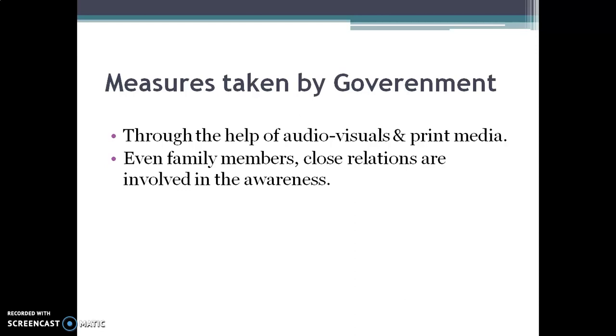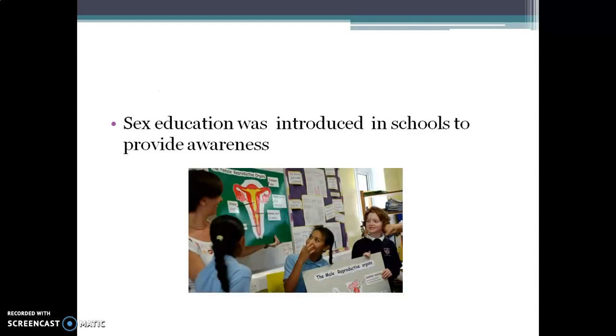The main and important thing is awareness, providing awareness. For that, let's make use of audio visuals and print media, and even family members, close relations are involved in the awareness. And not only that, another important step is sex education in schools. It provides awareness to the children.